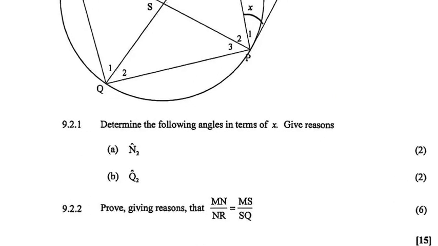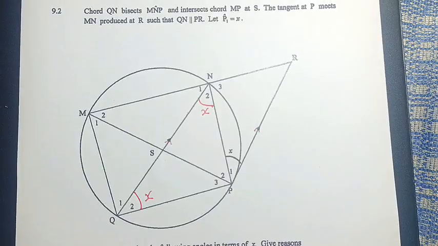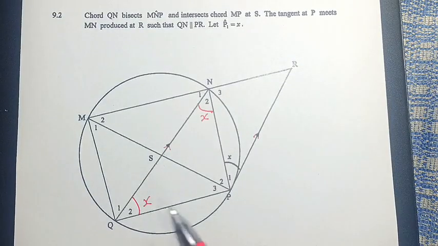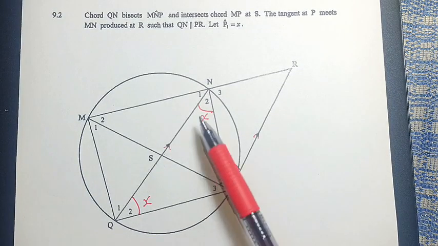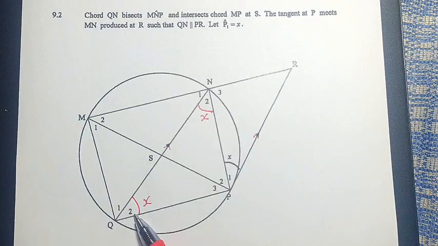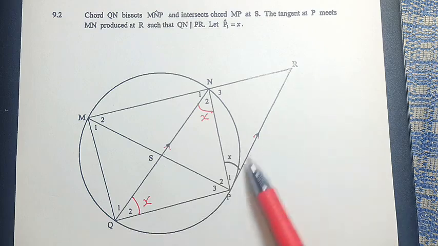9.2.2, prove, giving reasons, that MN over NR is equal to MS over SQ. This is a proportionality theorem I am going to apply because QN is parallel to PR. We are going to use this triangle.